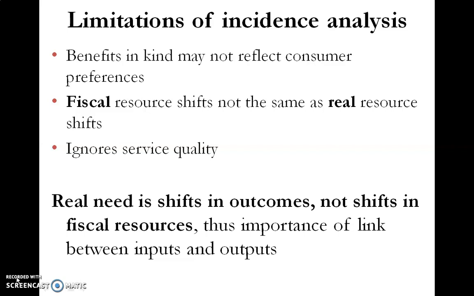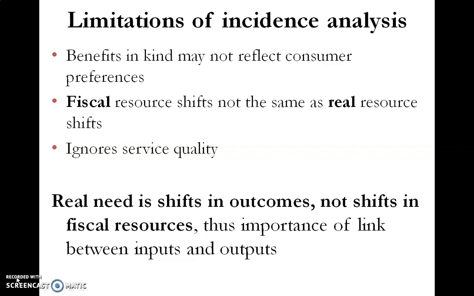So in other words, even though the budget may be reallocated to different functional categories, a lot of those resources could merely go into increases in salaries and not, for example, purchasing increased equipment for hospitals.